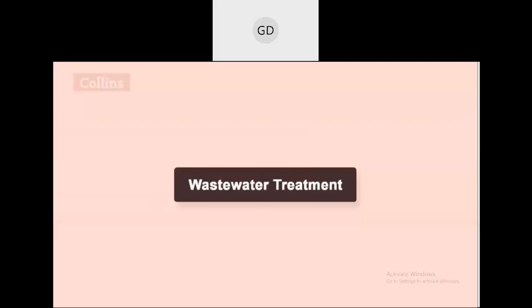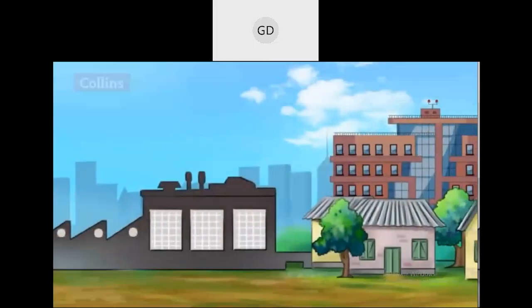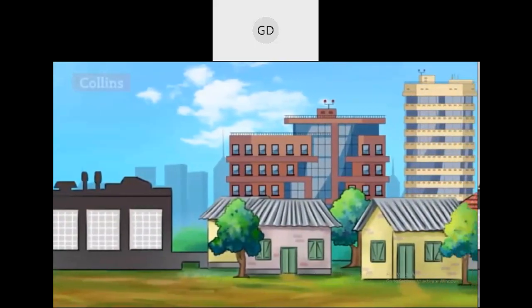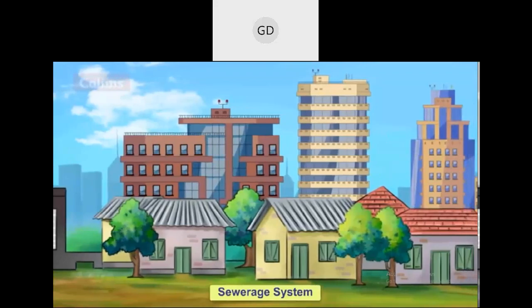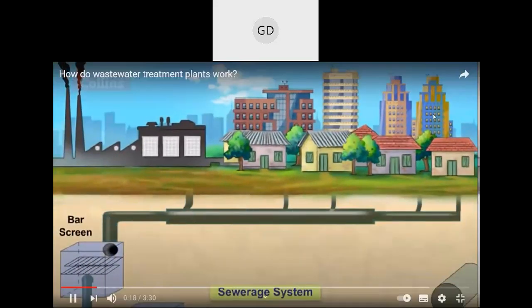In primary treatment process, the sewage flows through the grit chamber very slowly, so that the sand, pebbles.